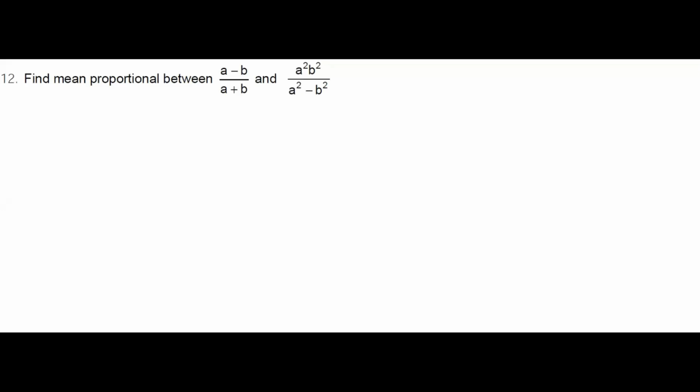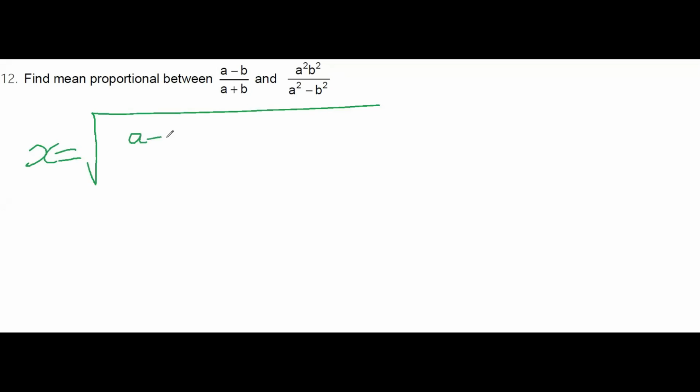Okay, so you need to find the mean proportional between a minus b upon a plus b and a square b square upon a square minus b square. You know what is mean proportional. x will be the square root of the product of this and this.